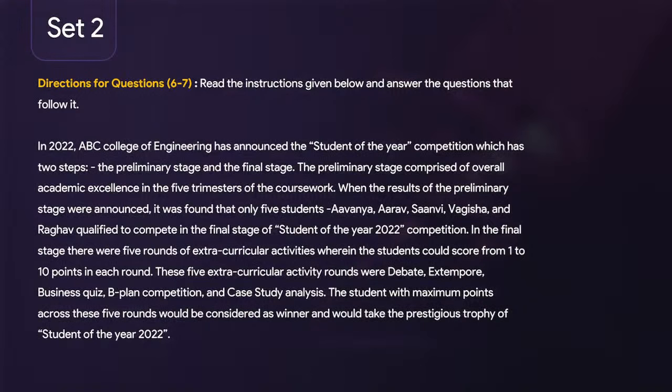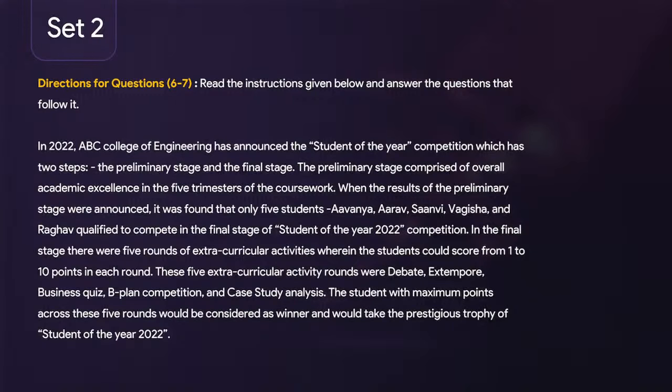In 2022, ABC College of Engineering has announced the Student of the Year competition, which has two steps: prelims and final. Prelim stage comprised of overall academic excellence in 5 trimesters of the coursework. When the results of the prelims were announced, it was found that only 5 students qualified to compete in the final stage of this competition.